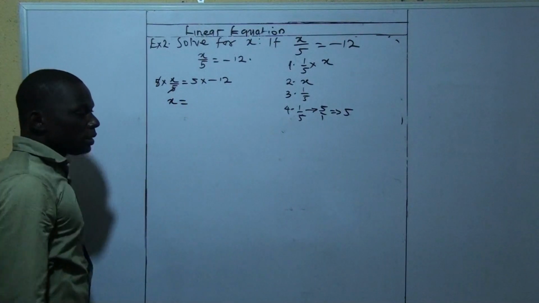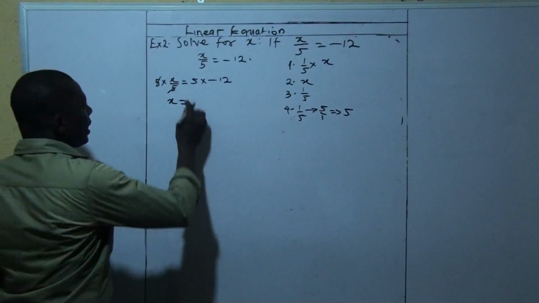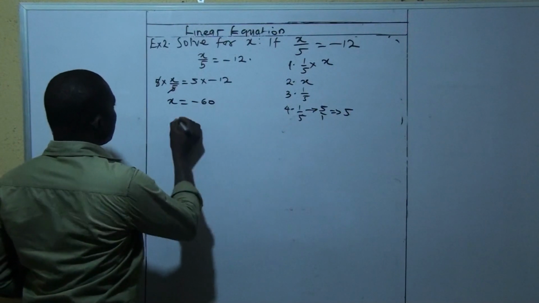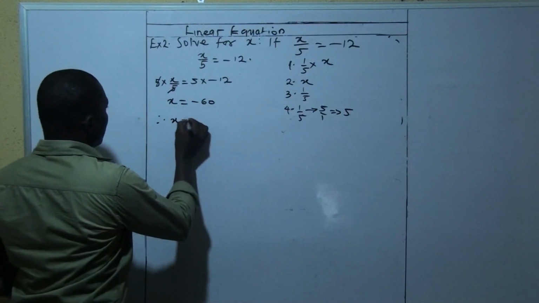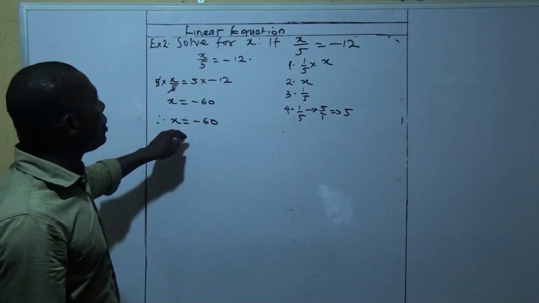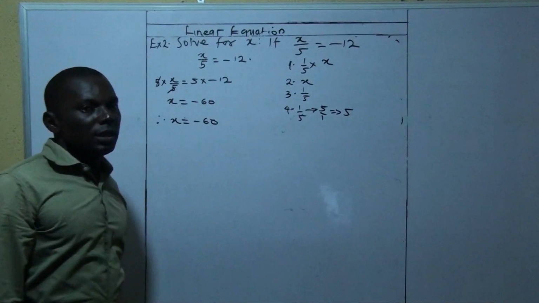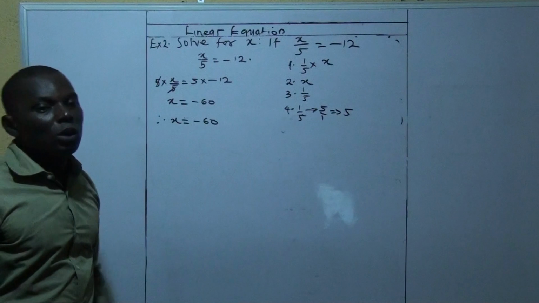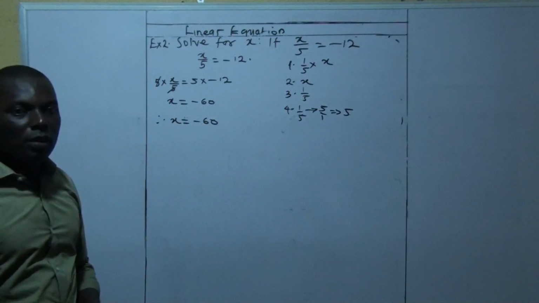Here we'll be left with just x. 5 times minus 12 will give us minus 60. So therefore x is equal to what? Minus 60. So the solution to this equation is minus 60. So it is minus 60 divided by 5 that gives you minus 12.